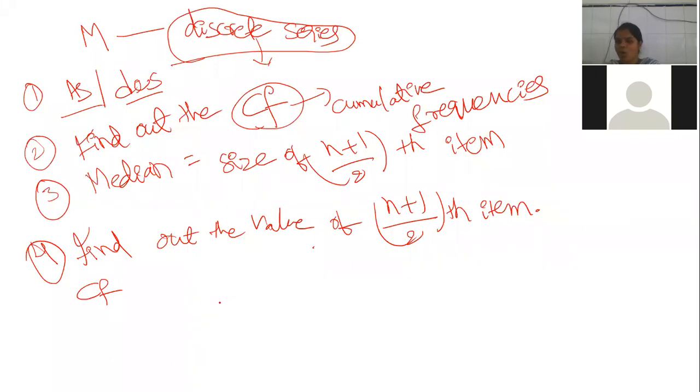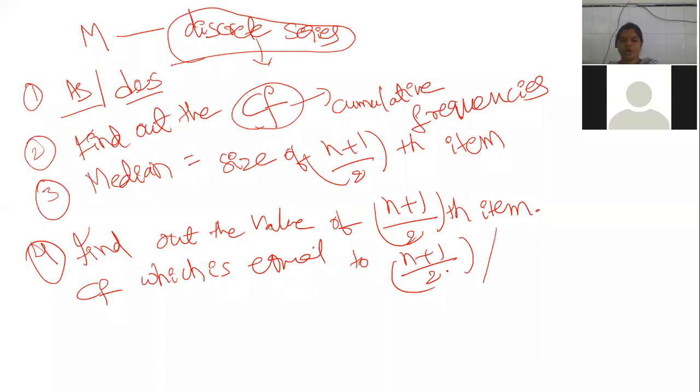It can be found by first locating the cumulative frequency which is equal to (n plus 1) by 2, or the next to this.